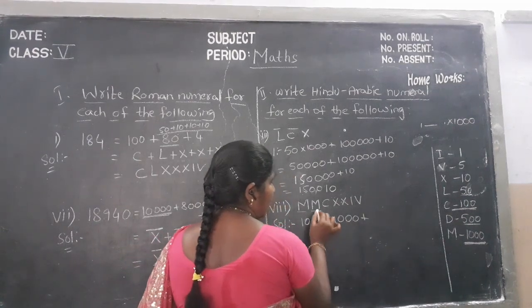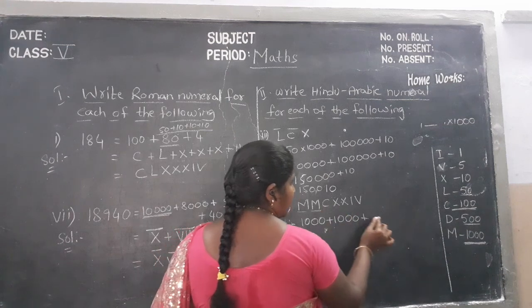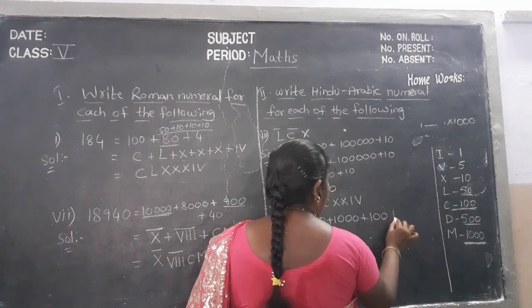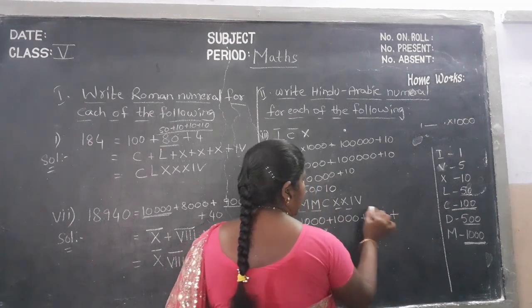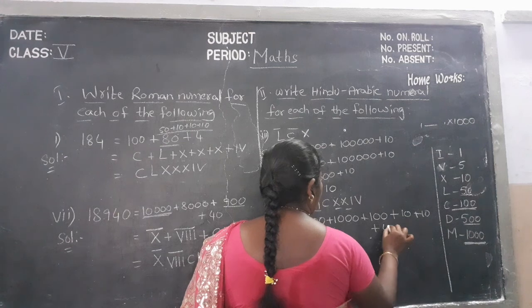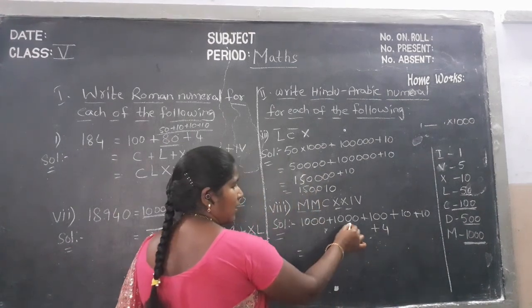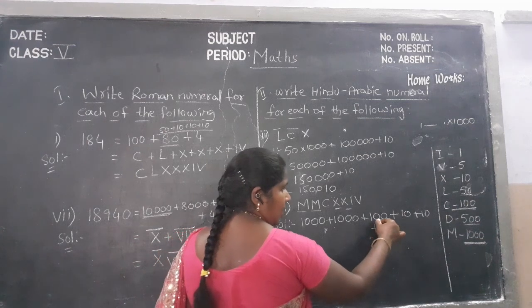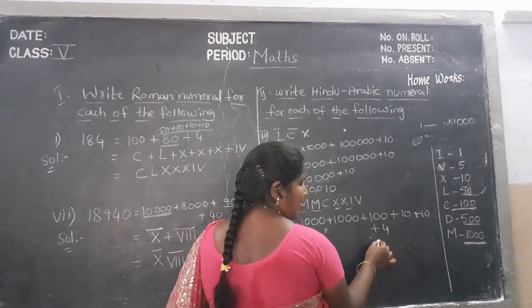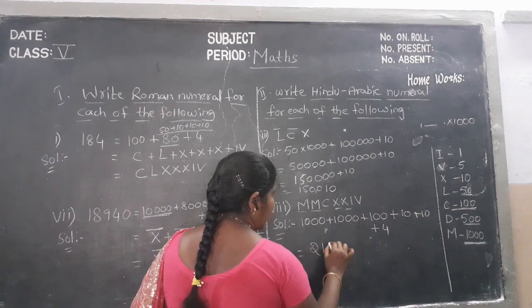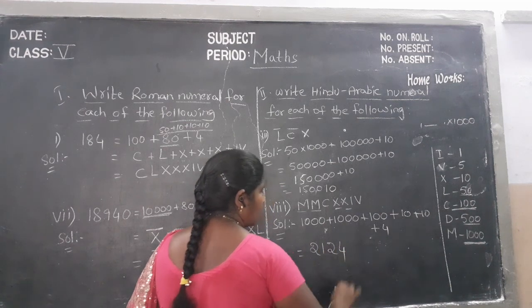So 1000 plus 1000, and again C, which is 100. And next we have 10, 10, 10 plus 10, and again 4. So what is the answer, children? 1000 plus 1000 is 2000, plus 100, plus 20, plus 4. 2124.